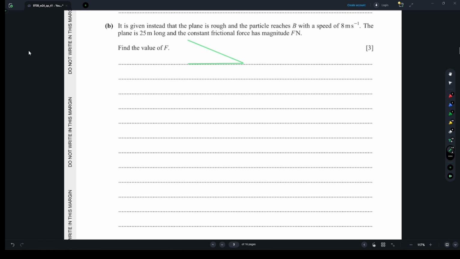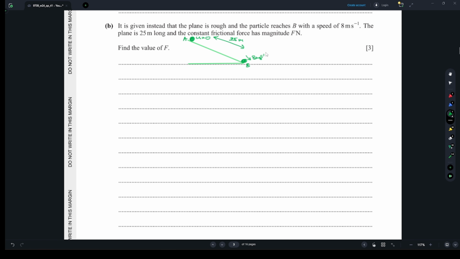So I will just draw the situation here. We have this point A and initial velocity is 0, and then here we have the second place, point B, and here they gave us the velocity 8 meters per second, and also the length, right, or the distance from A to B. So the A to B distance they gave us as 25 meters.